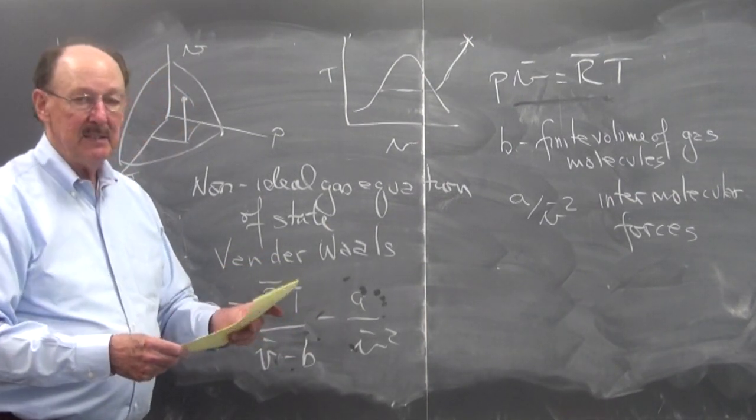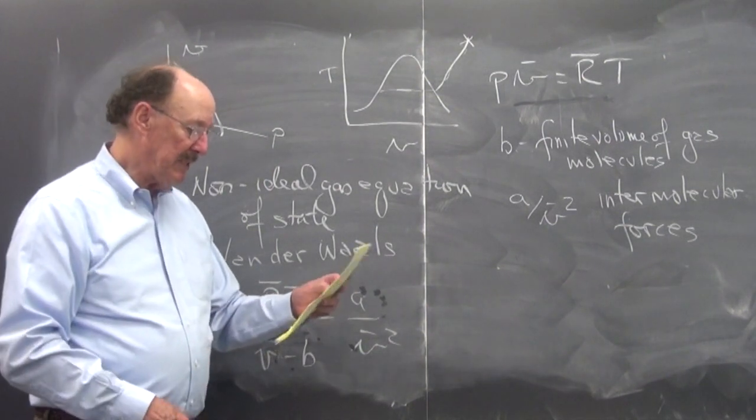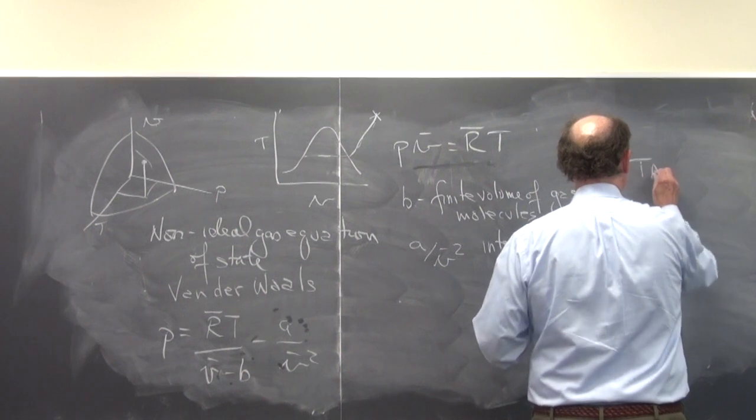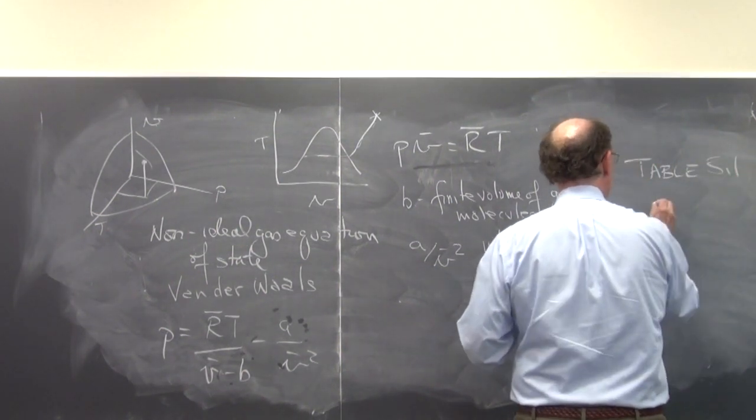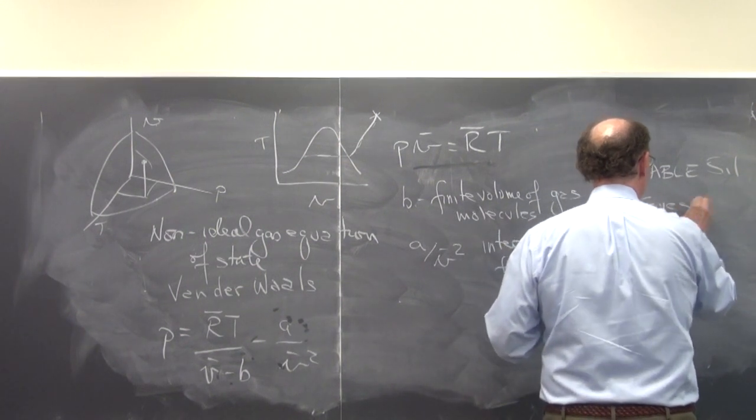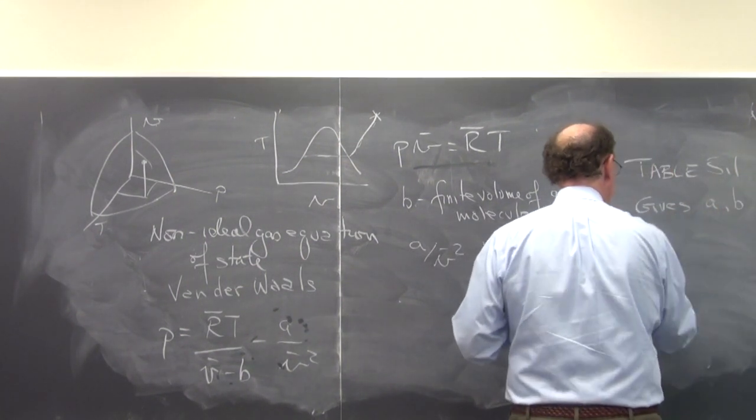If you look at table 5.1, it gives A and B for different gases.